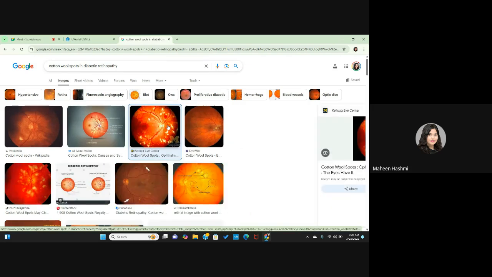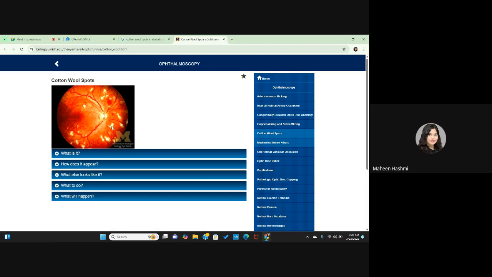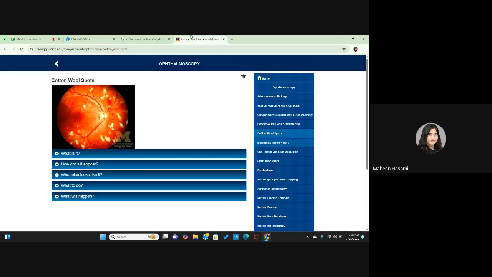You will have yellowish type of circles. You see this? These yellow type structures will also be present on fundoscopy. You won't be seeing this over here. See, it's very different. So this will be the difference on the fundoscopy.